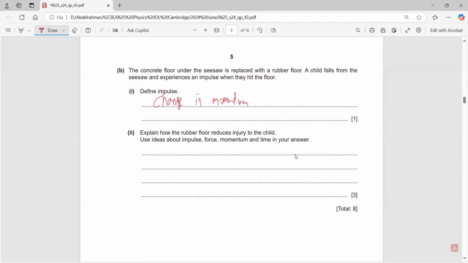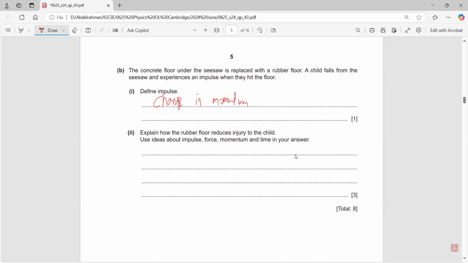Explain how the rubber floor reduces injury to the child. Use ideas about impulse, force, momentum, time in your answer. When the child hits a rubber floor, what happens to the time of impact?